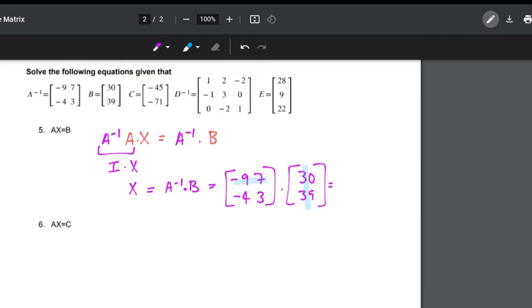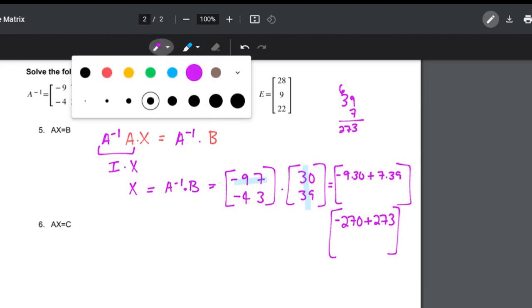So you're going to do your best to do this without a calculator. So we have -9 times 30 plus 7 times 39. All right, so if I do -9 times 30, I'm going to get -270. And 39 times 7 is going to give me +273.